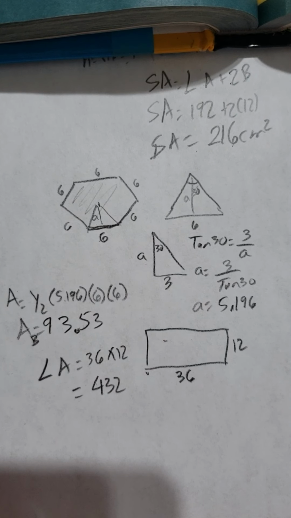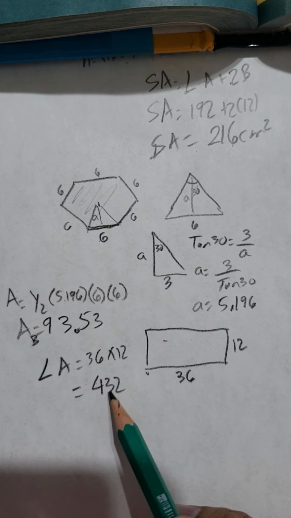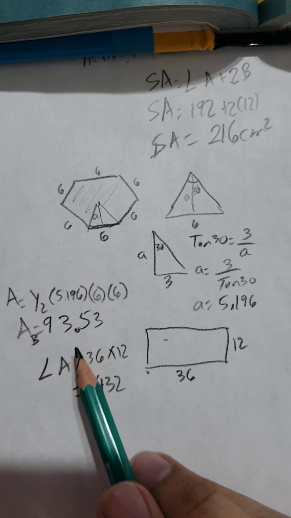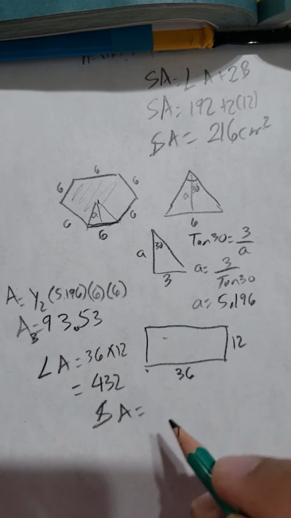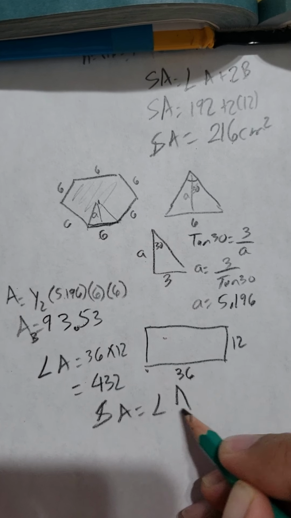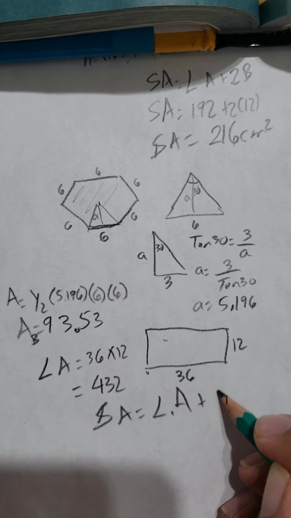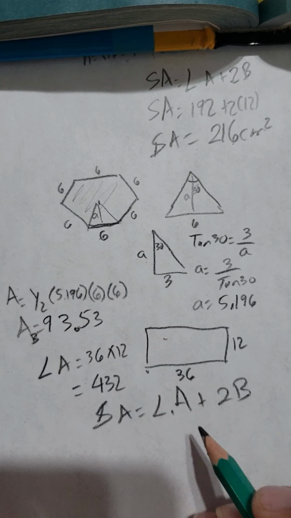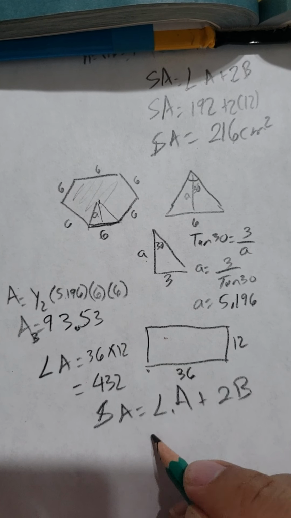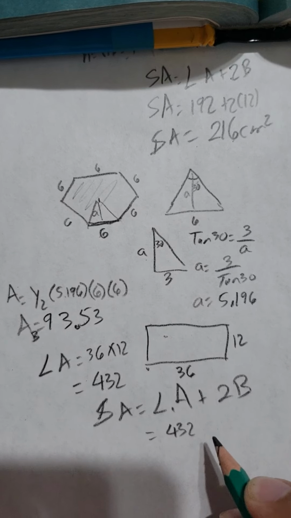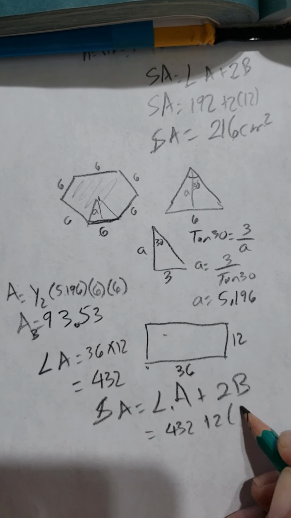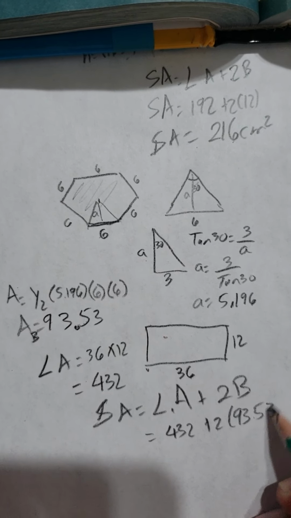Now we have the lateral area. We have the area of one base. Let's find the surface area. Remember, it is lateral area plus 2 times the base, because we have two bases here. Now the lateral area will be 432 plus 2 times 93.53.